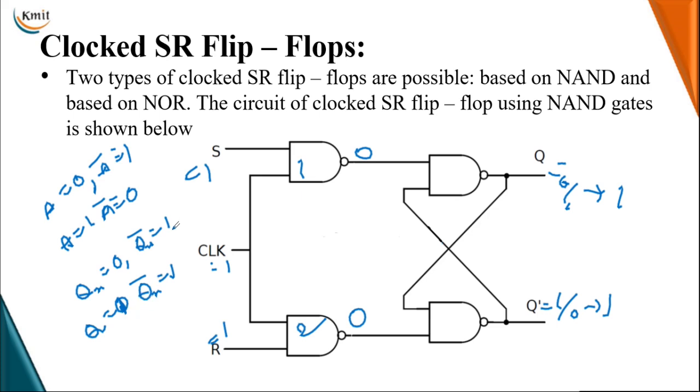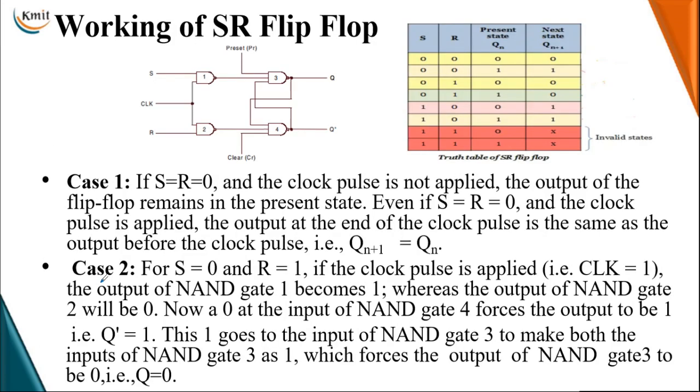Hence only that case of S equal to R equal to 1 is treated as the invalid state of your flip-flop. So here I will mention those states. First, 0 0 SR inputs is the no change state, hence the next state continues with the present state.